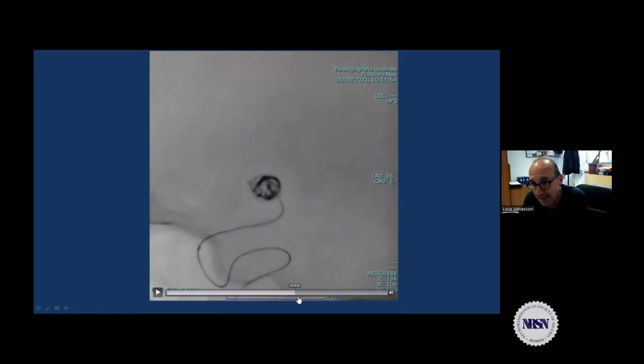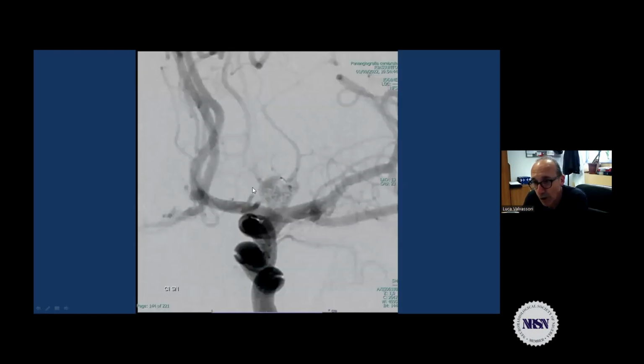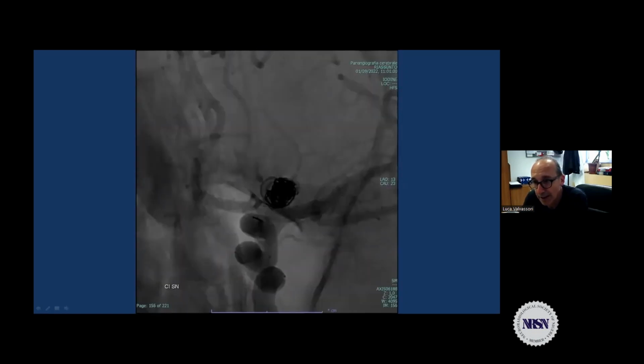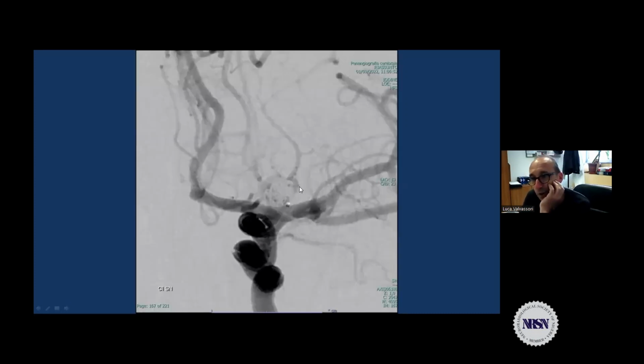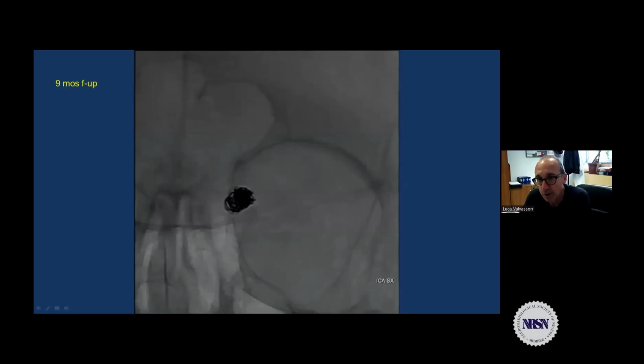I'm going fast. So inside the first one, you place the other one. You see the transparency is different. And we go on by filling it with other coils. And this is the final result. We have some stagnation of the contrast outside the first cast, but everything looked nice.